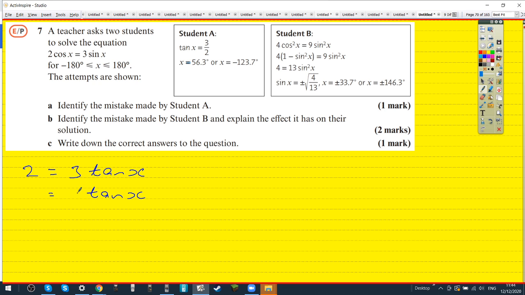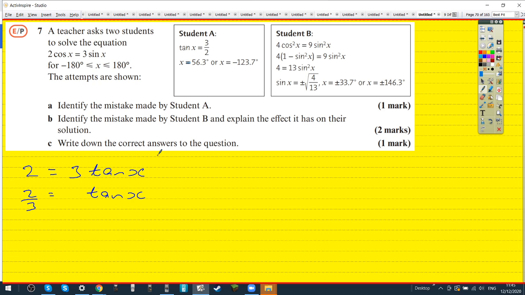This isn't 3 plus tan x. This is times 3. So you divide by 3. So 2 over 3. That's it. Identify the mistake made by student A. He made tan x 3 over 2, not 2 over 3. Yes. And then student B.